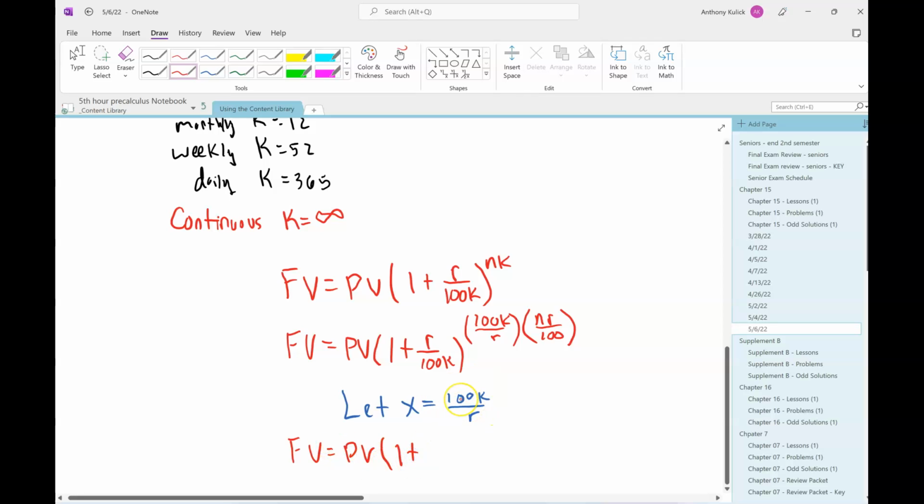Now, if X is 100K over R, what is R over 100K got to be? 1 over X. And then I have 100K over R in the numerator, so that's an X. And remember, if I have exponents that are being multiplied, that's the same thing as an exponent of an exponent. So I'm going to write it that way.